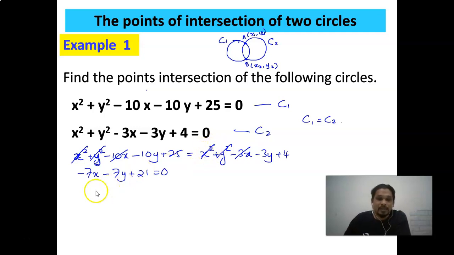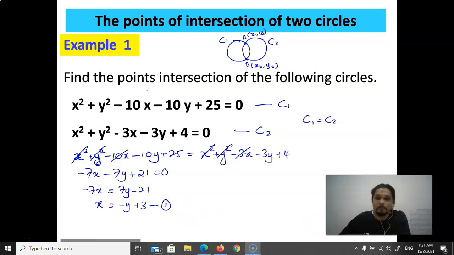So now we come up with negative 7x equals 7y minus 21, then divide by negative 7 left and right: negative 7 divided by negative 7 gives x, 7 divided by negative 7 gives negative y, negative 21 divided by negative 7 gives plus 3. So x equals negative y plus 3. Imagine that is equation number 1.